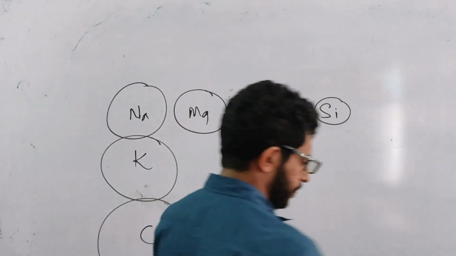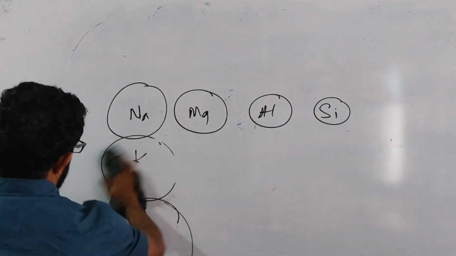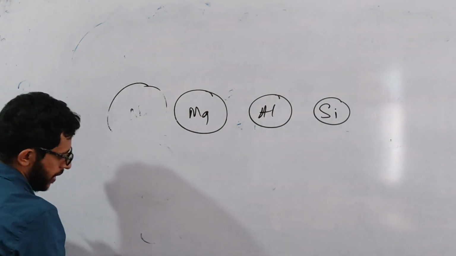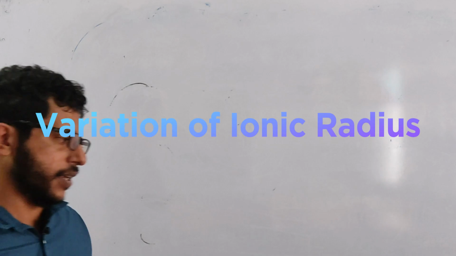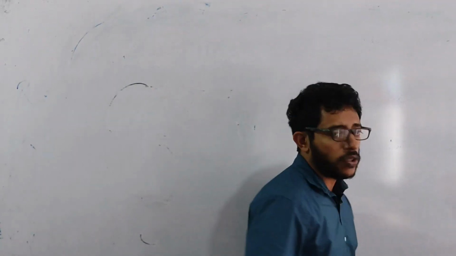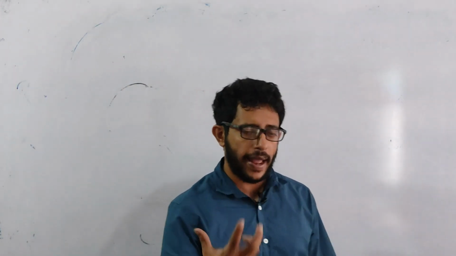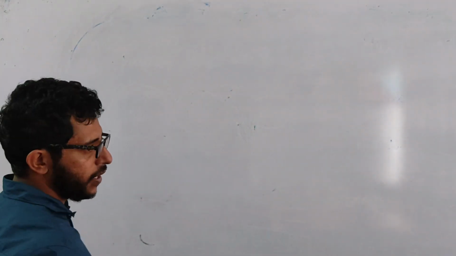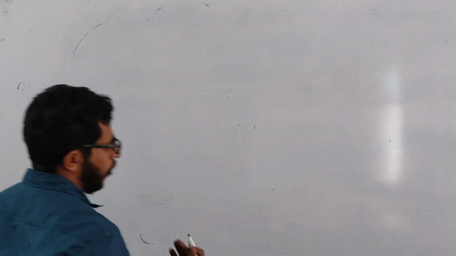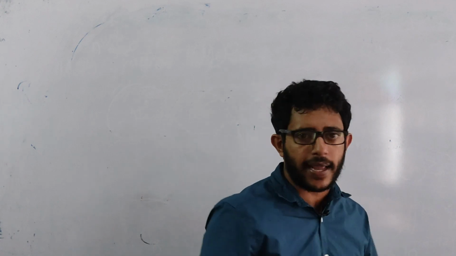That's the first part. The second one we are going to talk about in this periodicity is the variation of the ionic radius, right? Let's see how the ionic radius varies. So ions are formed by removing and gaining electrons.